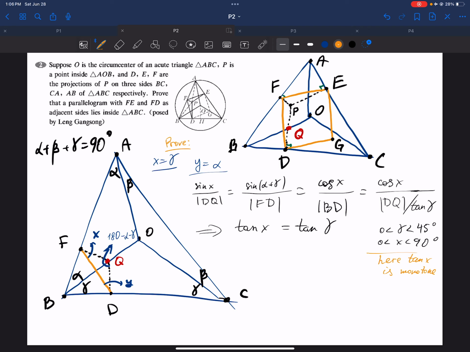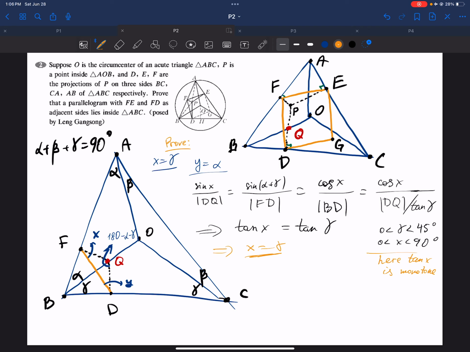Do I even need to say that it's monotone? Yeah, well, I need to say that the inverse function exists. So I can conclude that x equals gamma.